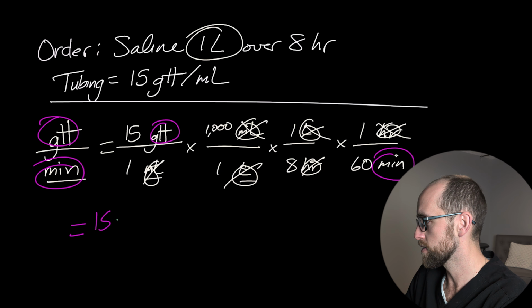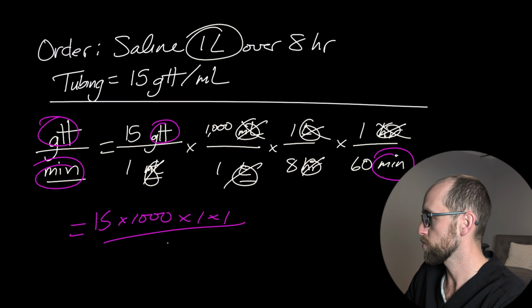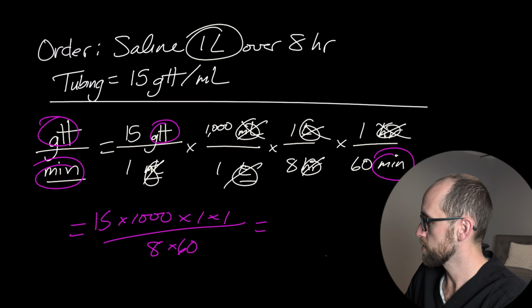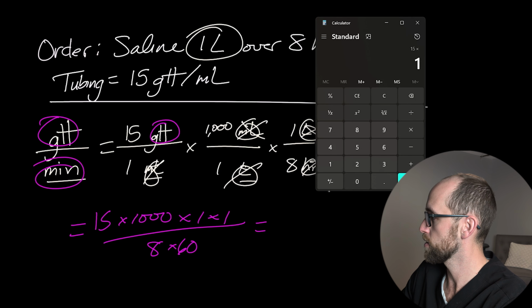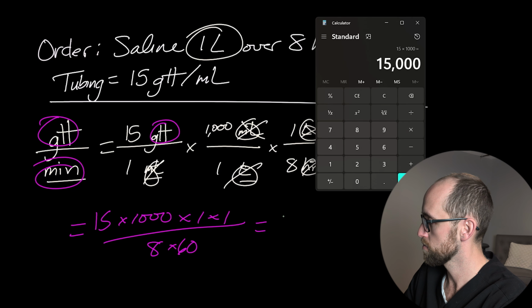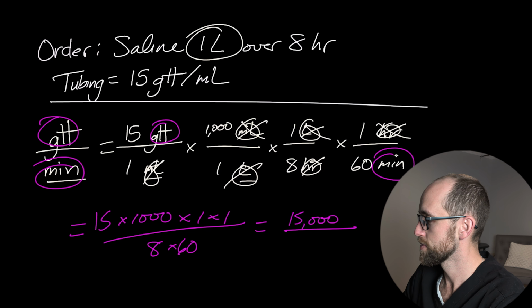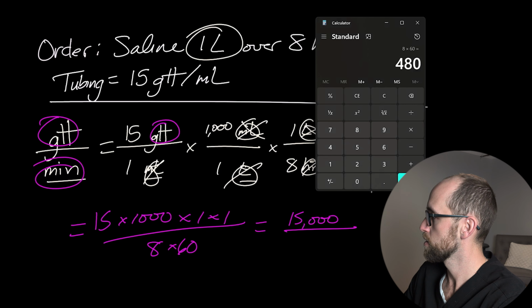We have 15 times 1,000 times 1 times 1 over 1 times 1 times 8 times 60. So that is 15 times 1,000 equals 15,000. That I really should have known that. It's crazy. And then 8 times 60 is 480.